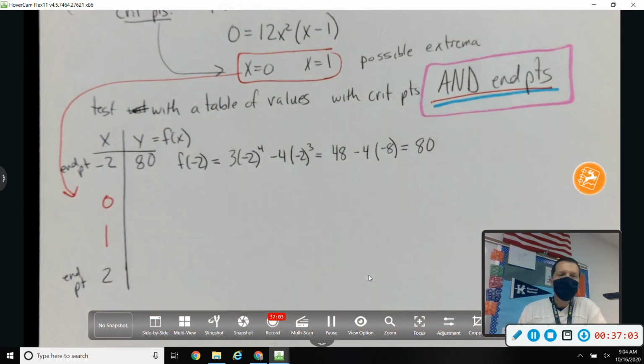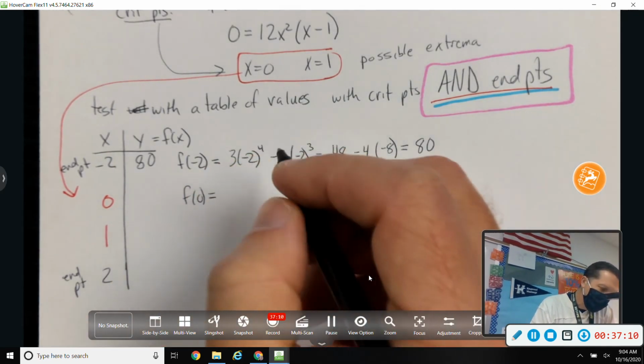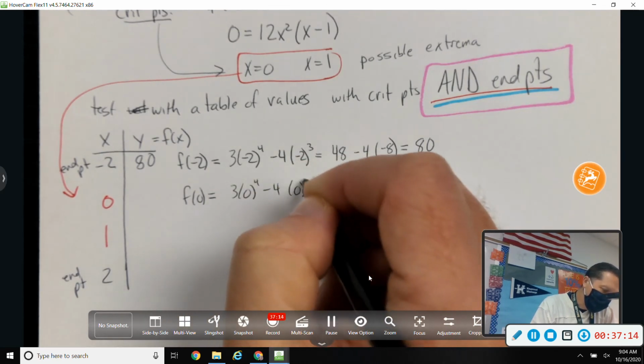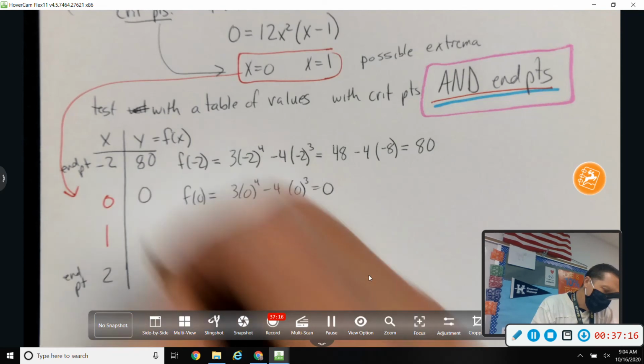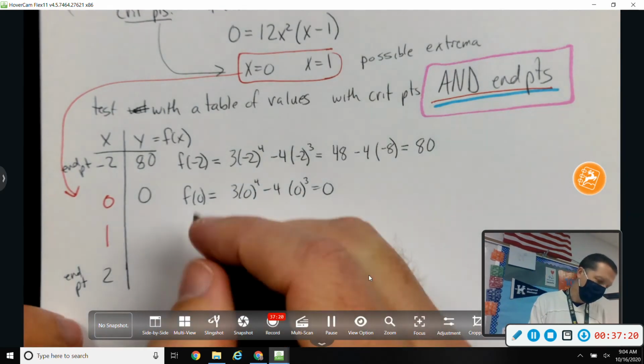Seems like a good candidate for a maximum, but let's find all of them and see what happens. F of 0, that's an easy one. 0 to the 4th minus 4 times 0 cubed. 0. This is the easy part of the problem, just plugging in numbers.